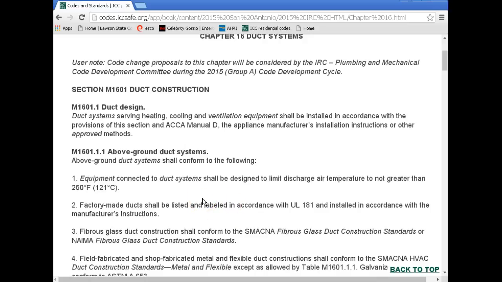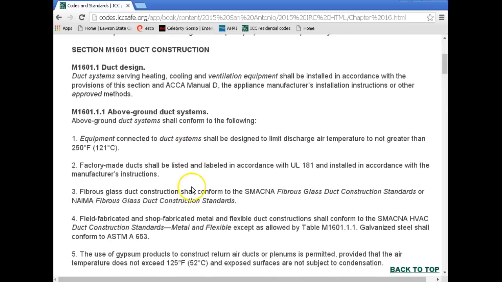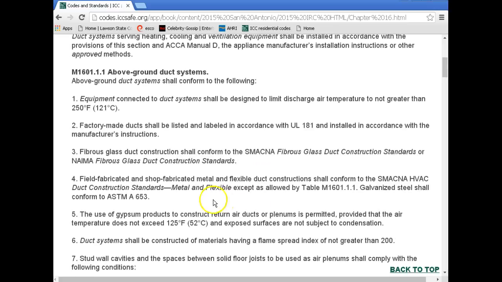Above ground duct systems got to conform to the following. No temperature greater than 250. Got to use UL 181 standards. If you're using a duct board, you're going to have to use the SMACNA, the NAIMA.